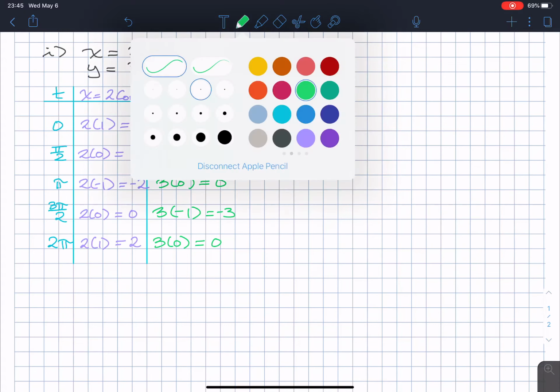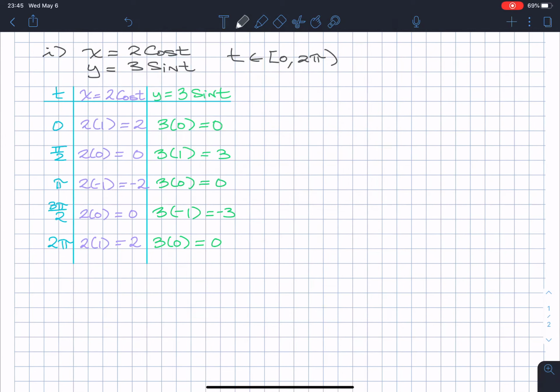Okay, so let's plot these points on the restricted domain. I know my values for y vary between negative 3 and 3, and my values for x vary between negative 2 and 2. Okay, x and y, let's see if I can make this.